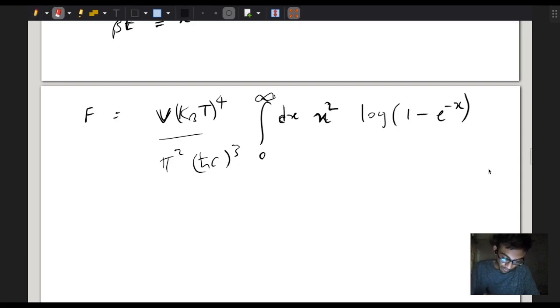So this is just some real number. It doesn't involve any physical parameters of the system. It's just some real number. So yeah, we can also write this in terms of some Riemann zeta function.